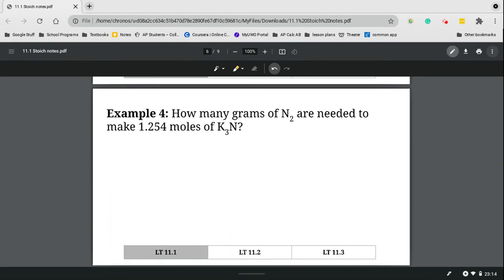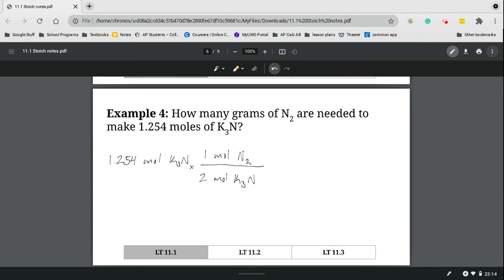How many grams of N2 are needed to make 1.254 moles of K3N? So, very similar process. Start with what's given, 1.254 moles K3N. Now we get to match moles to moles again. 2 moles K3N, 1 mole N2.